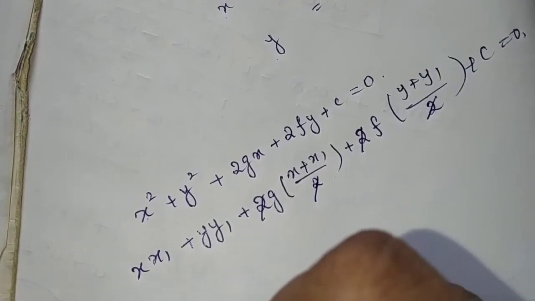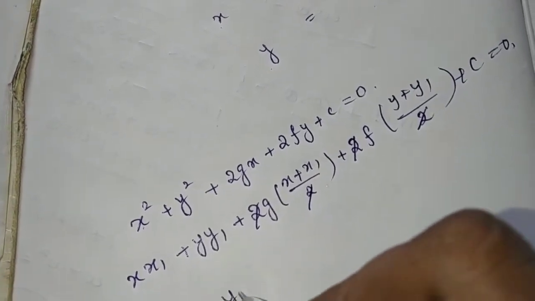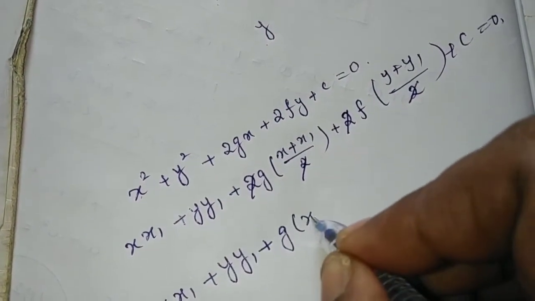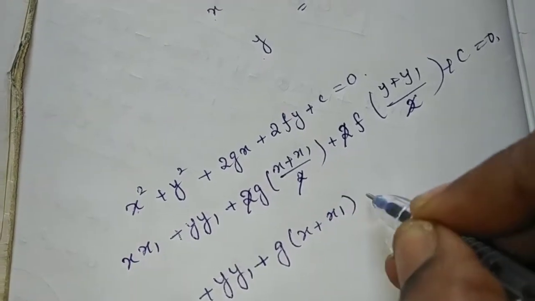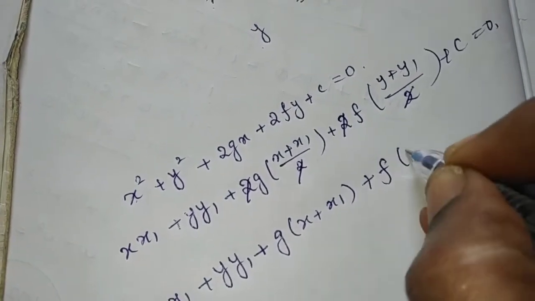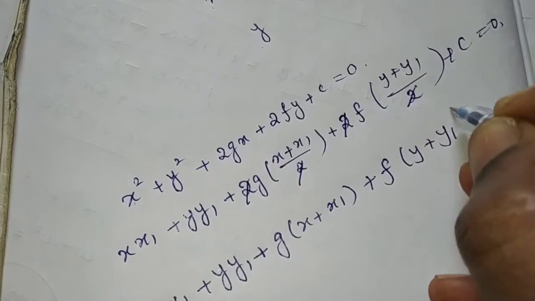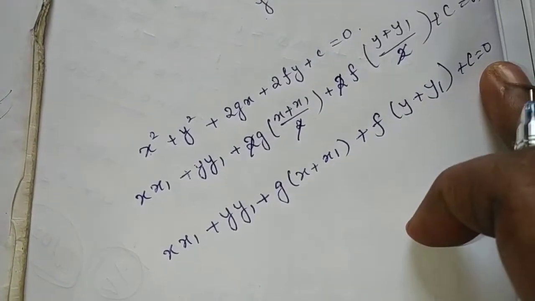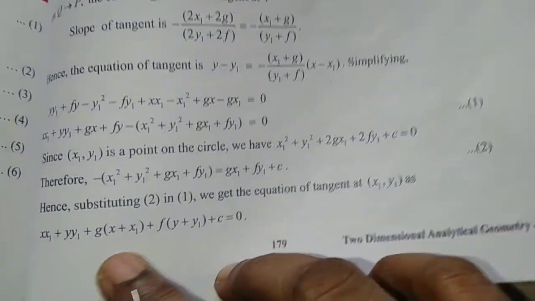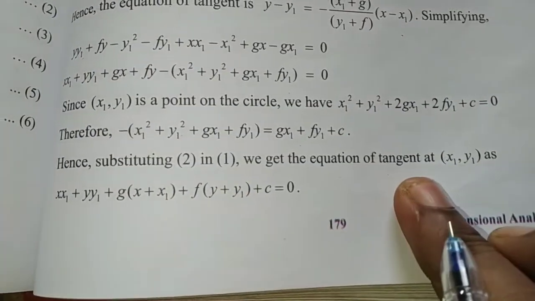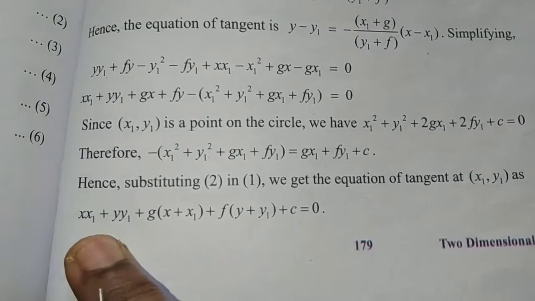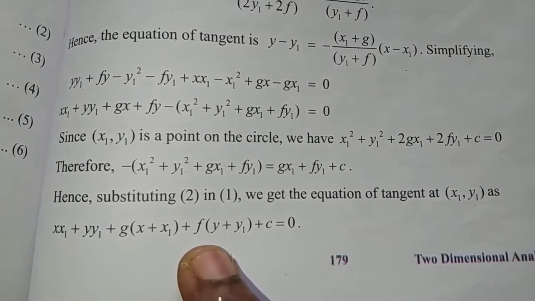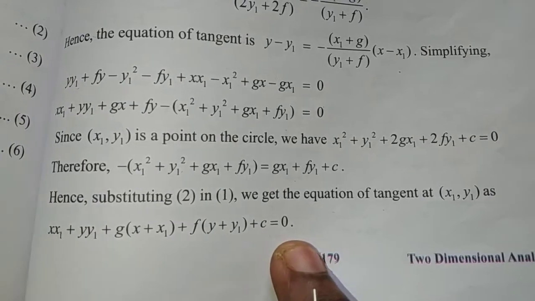We get xx1 plus yy1 plus g(x plus x1) plus f(y plus y1) plus c equals 0. This is the equation of the tangent at (x1, y1).